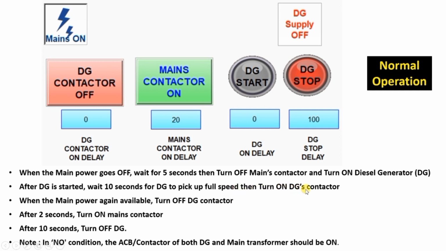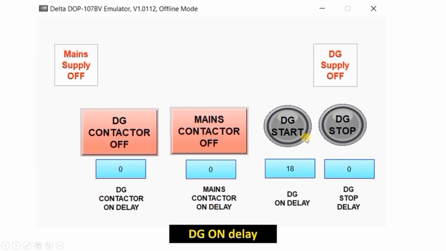After that, we will turn on the DG contactor. So here there is a 10-second timer. After the DG supply is on, we will wait for 10 seconds and then turn on this DG contactor, and power will flow from DG to DG contactor, and from here power will flow to load.